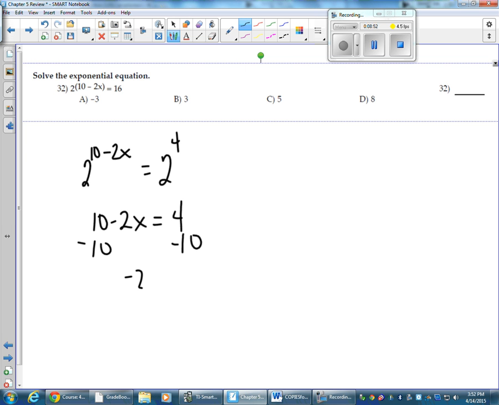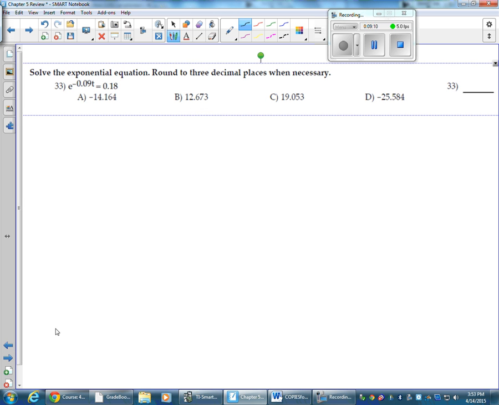You get negative 2x equals negative 6, divided by negative 2, so x will equal 3. You do want to make sure when you plug them back in with an equation that you go back and plug it in and make sure that it really works. And you can check it on your calculator. I'm going to pause it right here and pick up the last few.